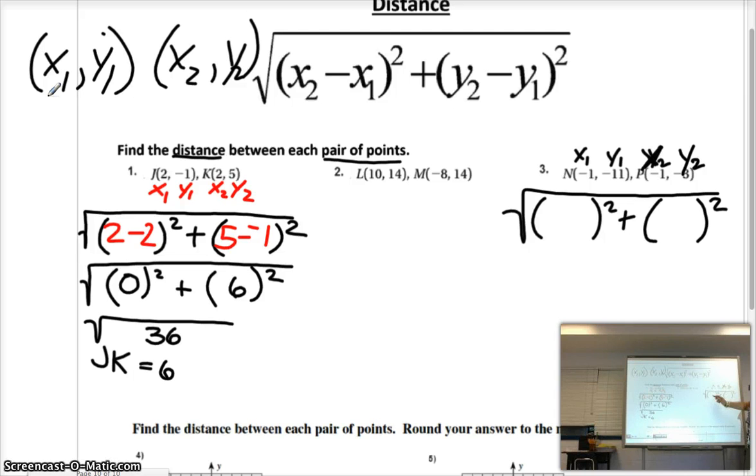My x2 is negative 1 minus, my x1 is negative 1. Woo! It's beautiful. And then my y2 is negative 3. That is a 3, yeah? Minus a negative 11.